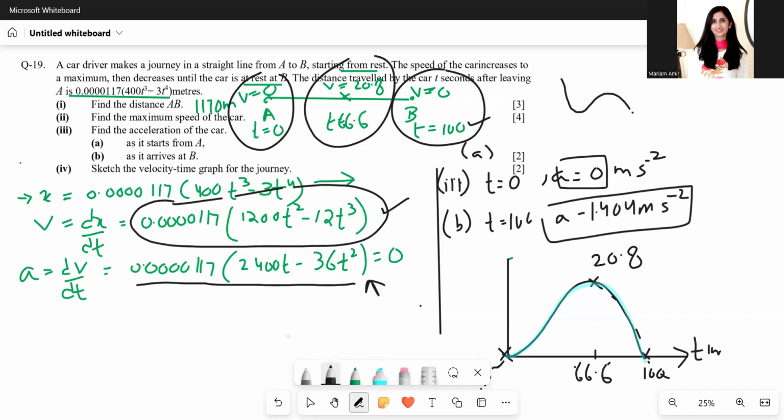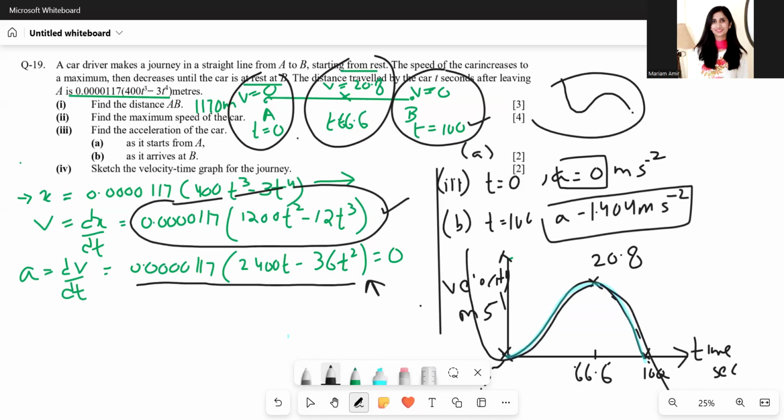This is time in seconds, and this is velocity in meters per second. In fact, this was a negative x cubed graph, so it would be something like this. I think initially I changed it into plus x cubed. Okay, that is it.